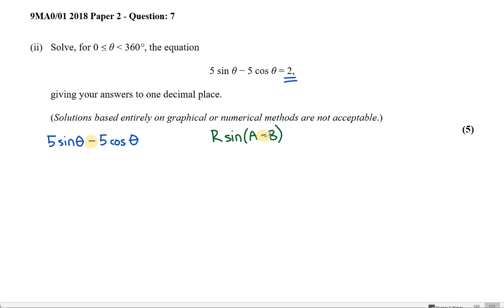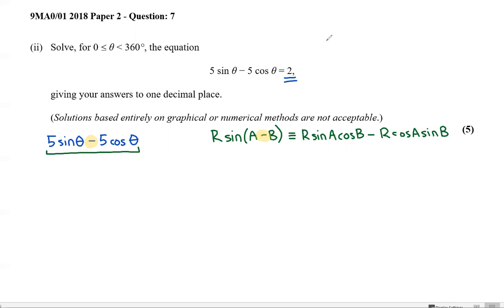And just writing out the identity in full, this would give us r sine a cos b subtract r cos a sine b, like that. And the right hand side is analogous to this expression here. So let's have a look if we can equate coefficients.